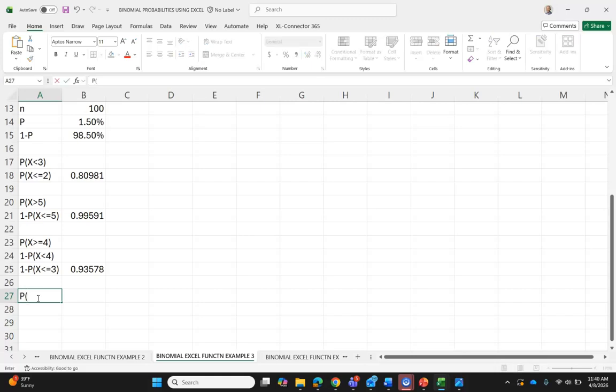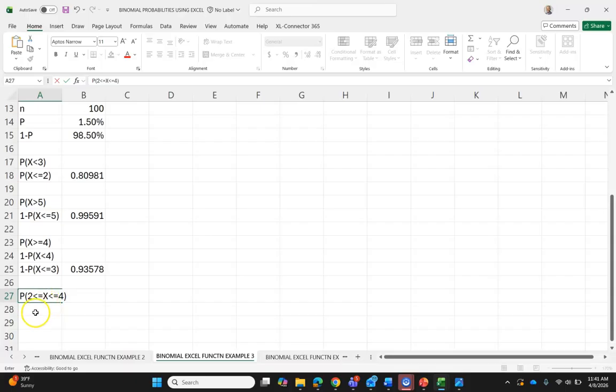The probability of 2 less than or equal to X, which is less than or equal to 4. Yes, 4. So this is how we can write the in-between probability: 2 is less than or equal to X, and X is less than or equal to 4.